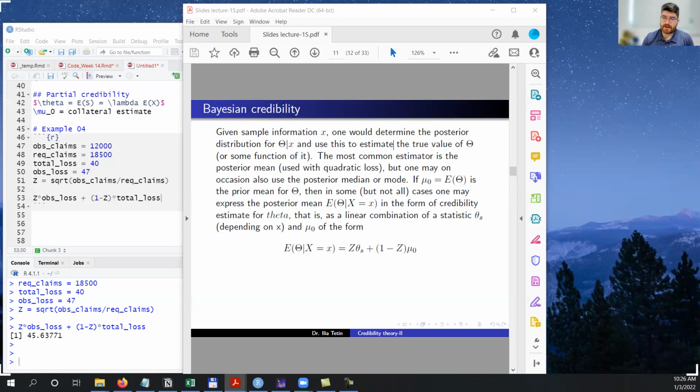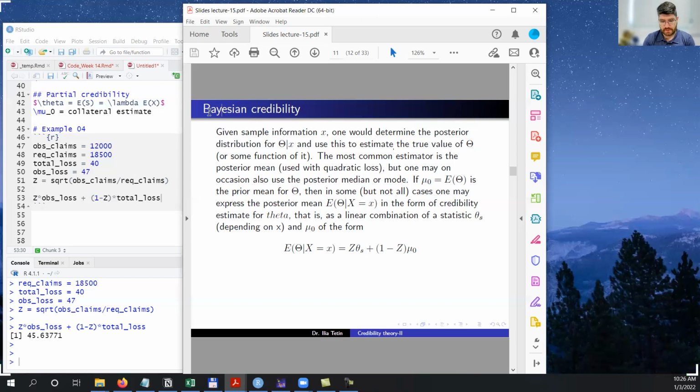The choice of a prior distribution for theta is often a subjective decision. Informative and accurate information is usually reflected in a prior distribution, which is centered near the unknown parameter and is precise or has small variability. So given sample information X, we would determine the posterior distribution, and we use this to estimate the true value.